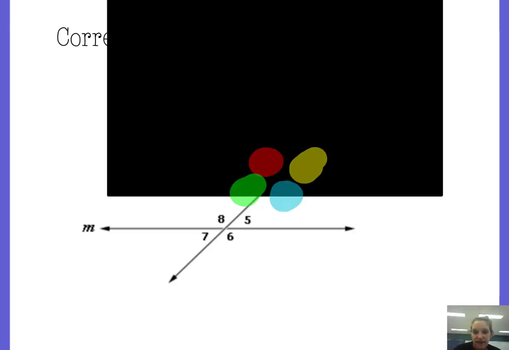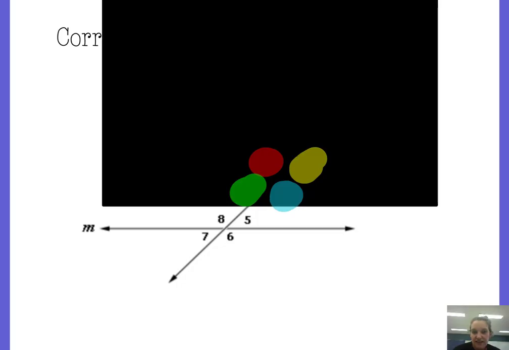Then if I just look at these four angles, I have a top left angle, a top right angle, a bottom left angle, and a bottom right angle.